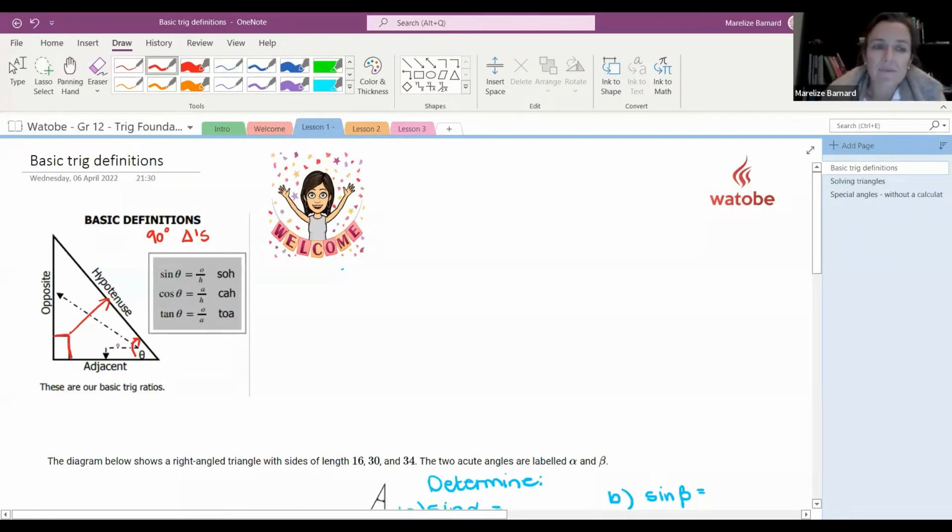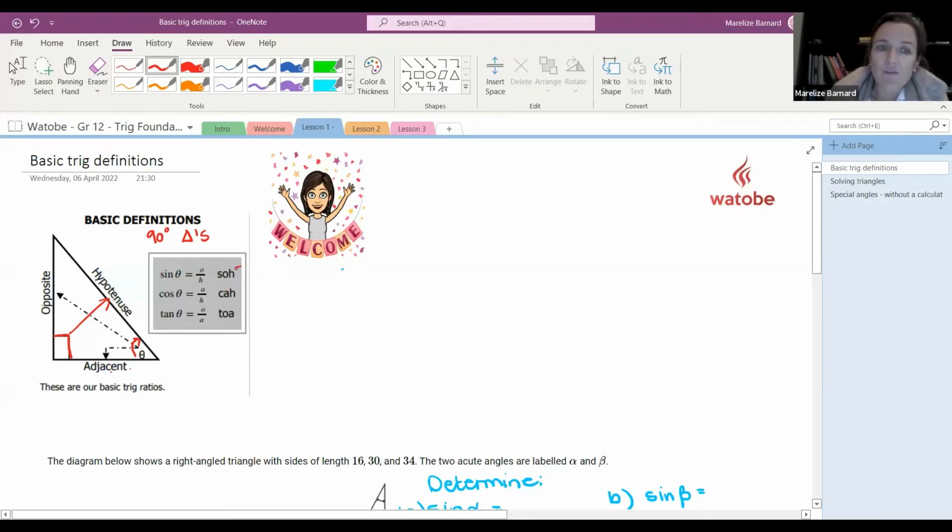Then this is theta, and across from it is the opposite side, and next to it is the adjacent side. So hypotenuse, opposite, and adjacent. And we can make the three trig ratios using those sides. For sine, we are going to use the opposite and the hypotenuse side. For cos, the adjacent and the hypotenuse side. And for tan, the opposite and the adjacent side.